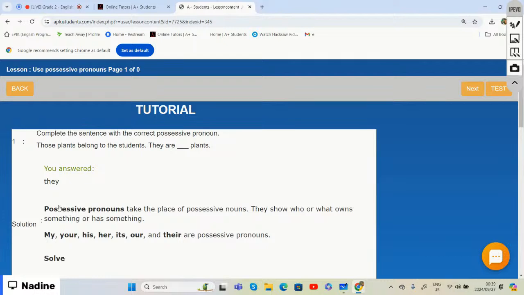It says, those plants belong to the students. If the plants belong to the students, then we can say they are plants. Who do the plants belong to?